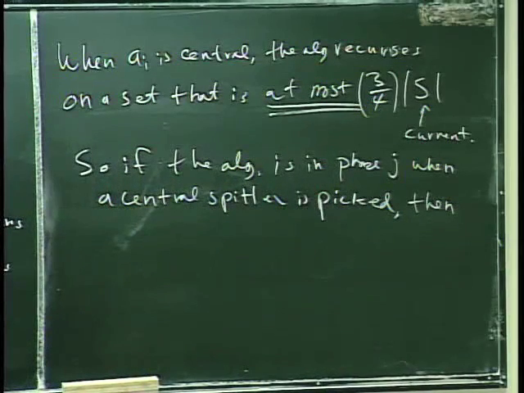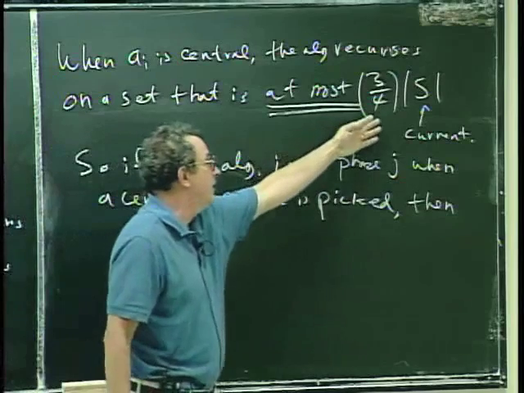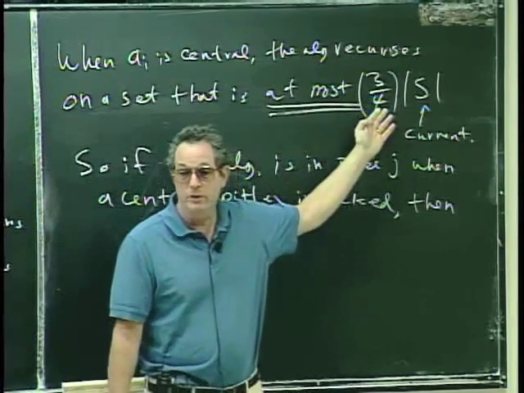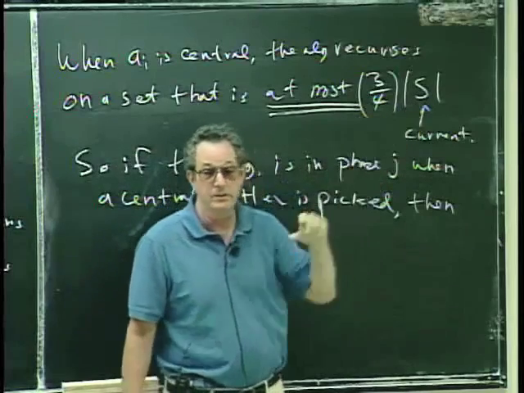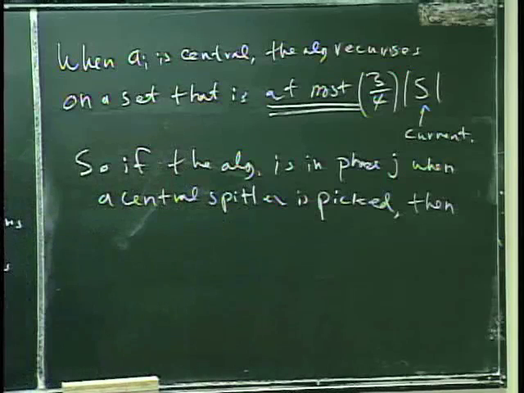So we're in phase J. We're watching the algorithm go along, and it moves into phase J at some recursive call. And then we pick splitters, till finally we get a central splitter. And now what I'm saying is that the size of what you recurse on at that moment is at most 3/4 of the size of S that's in your hands. Okay? So what can we say about what phase we're in?